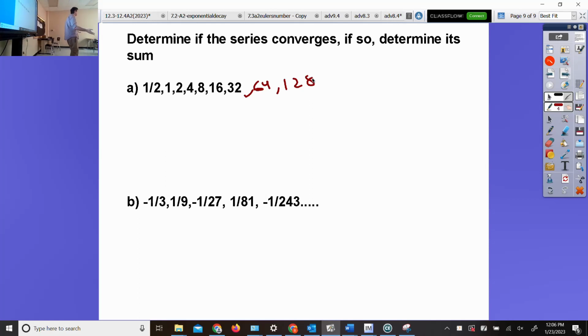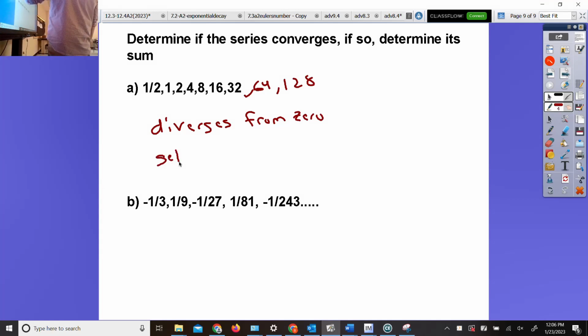This is called a divergent series. It literally diverges from 0. That means it gets farther away from 0. And the deal is we want to get closer. It is a divergent series.